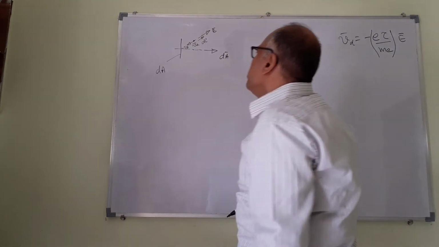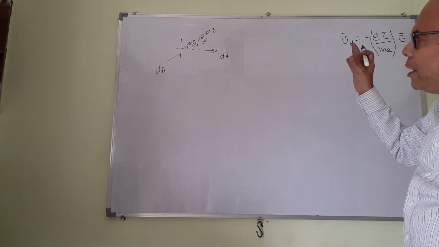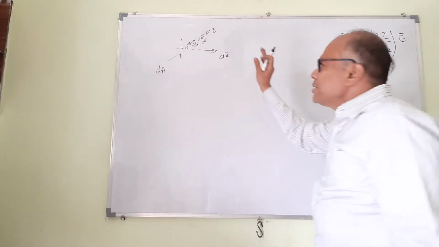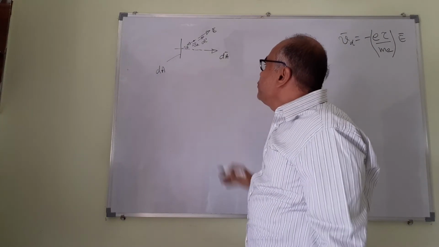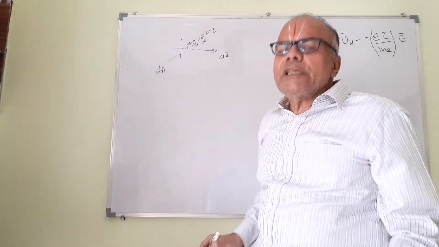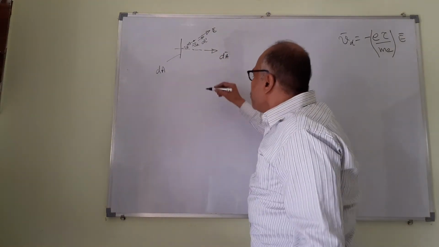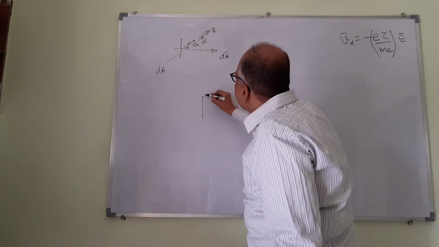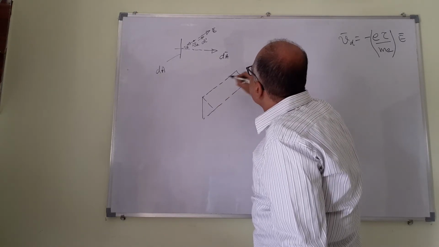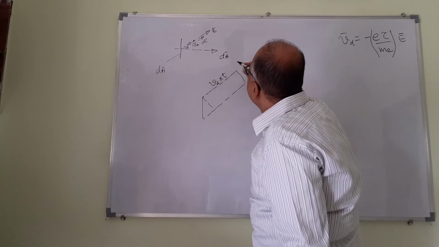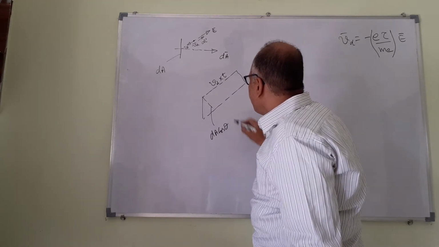Okay. Now if this is theta, I am now going to say, in a time t, by how much do the electrons move? If the drift velocity is Vd, obviously the distance moved in a time t will be Vd into t. So let me show it like this. This distance will be Vd into t. This area we saw was dA cos theta.